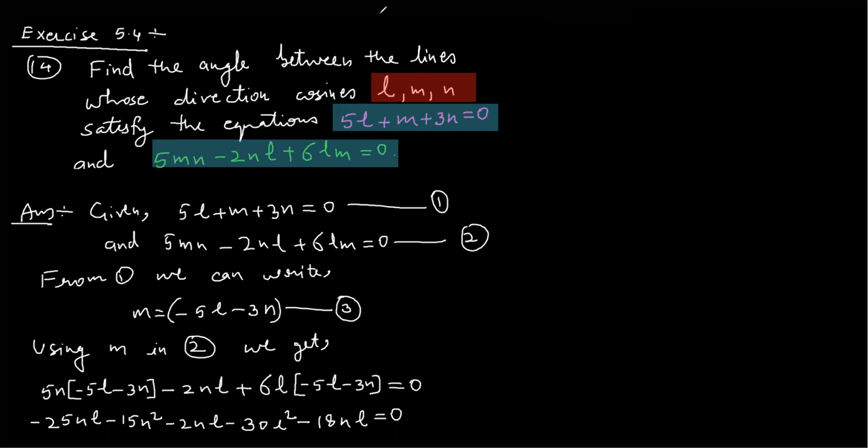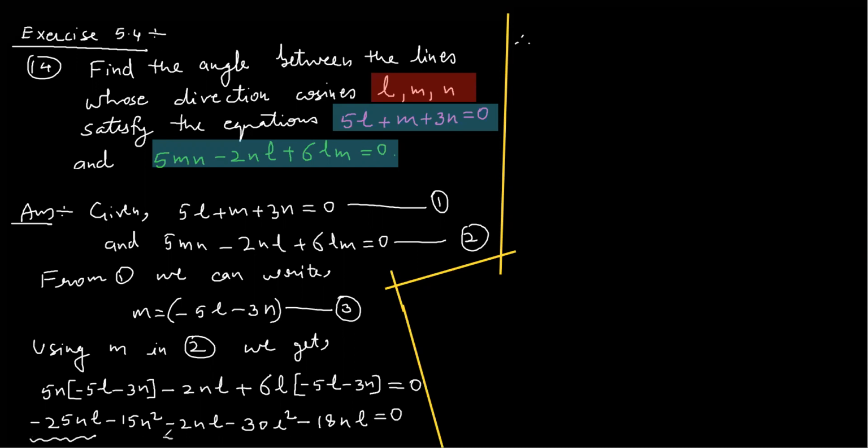So what do I get next, my students? So here I write therefore, see, this is minus 25NL and here minus 2.